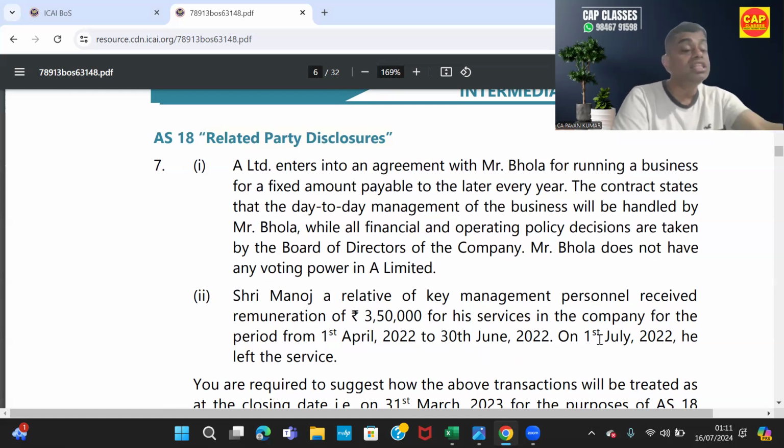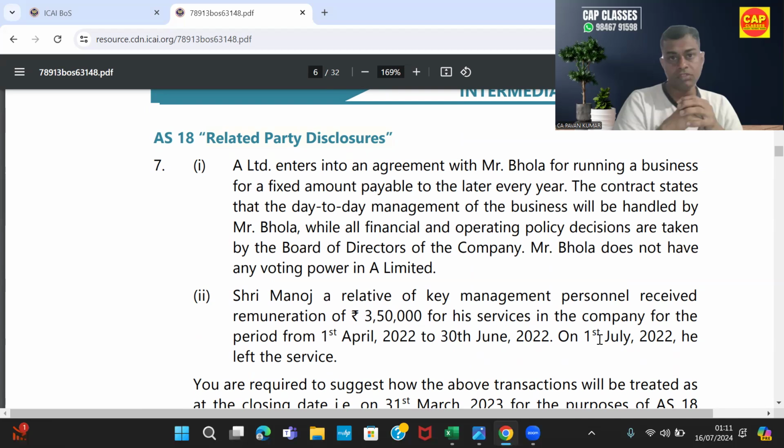You need to say that this is my subsidiary company, this is my parent company. So even when there are no transactions, you need to disclose parent-subsidiary relationships. But for all the other relationships, B, C, D, and E, you need to disclose only if there are related party transactions during the year.